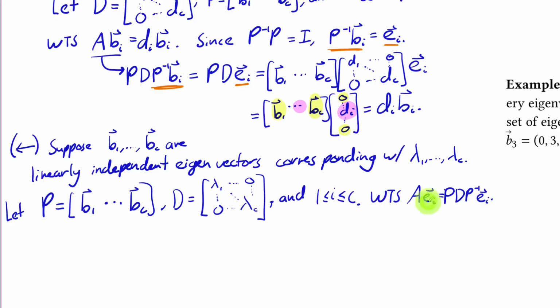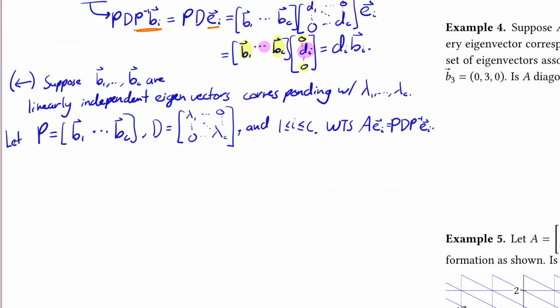Because A times each EI vector is just going to be that column of A. And likewise, we're getting the corresponding column of P D P inverse on the other side. And so if that's always equal, then we're saying each column of A, no matter what column we're talking about, is equal to the corresponding column of P D P inverse.